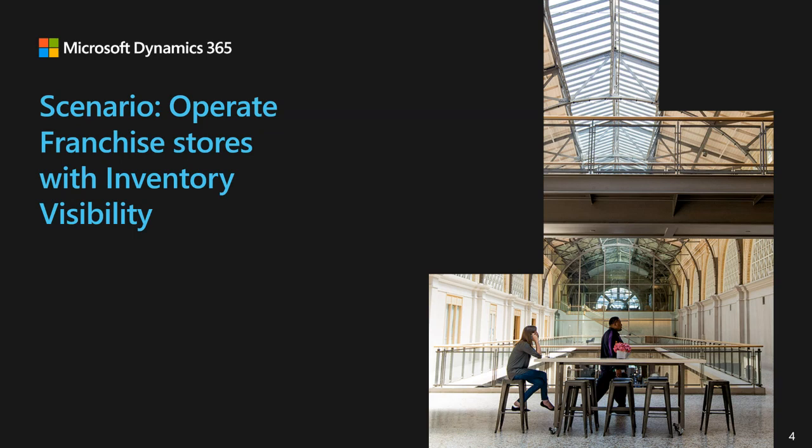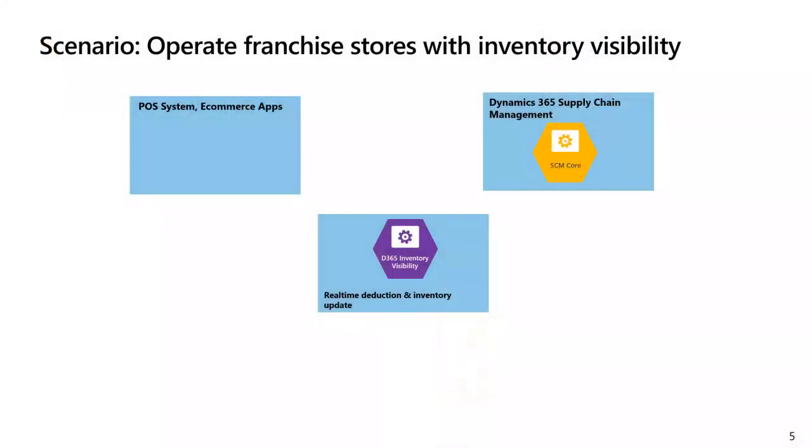Thanks, Xiaoqing. Let's do a case study together on how a franchise coffee store can operate with inventory visibility to update inventory counting and near real-time stock deduction upon the sold quantities. This is a simplified scenario, and we have Dynamics SCM as the ERP system, and also the final system of record for the transactions.